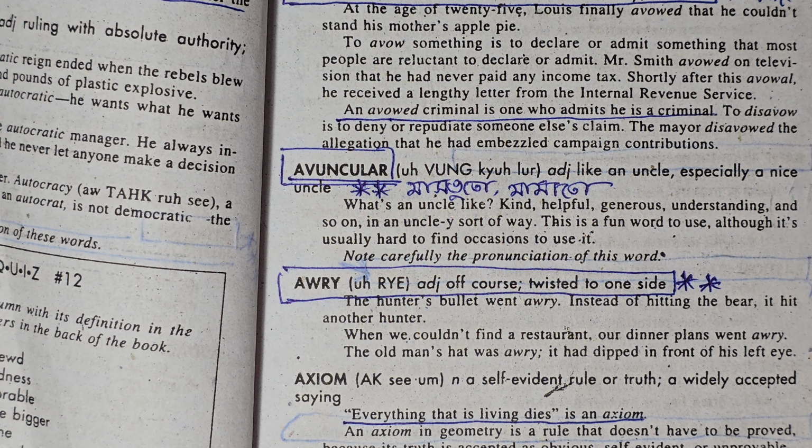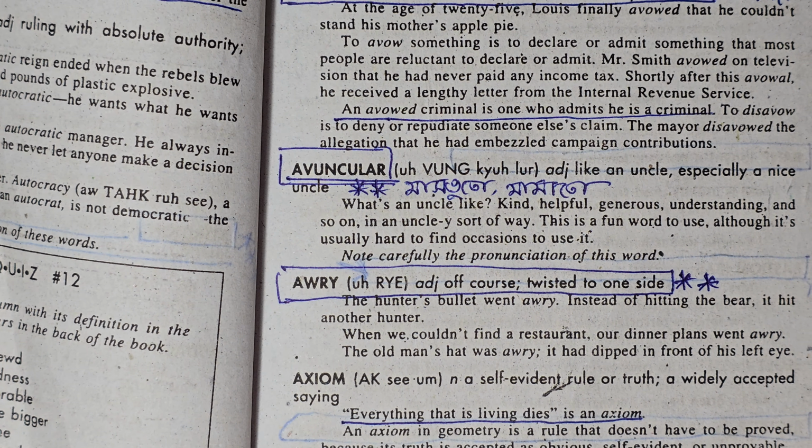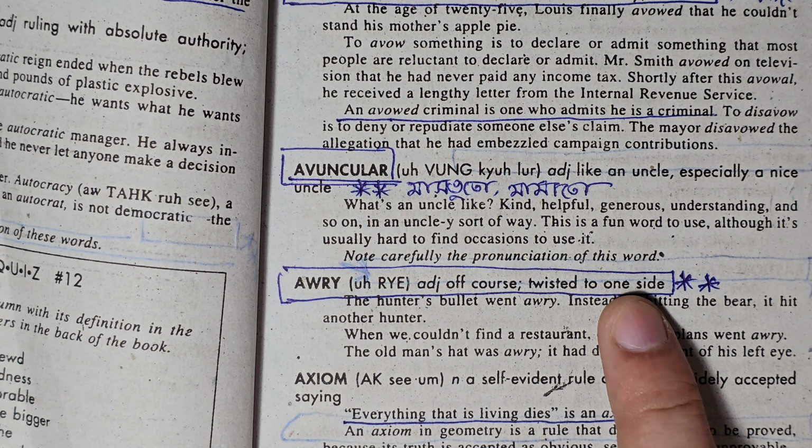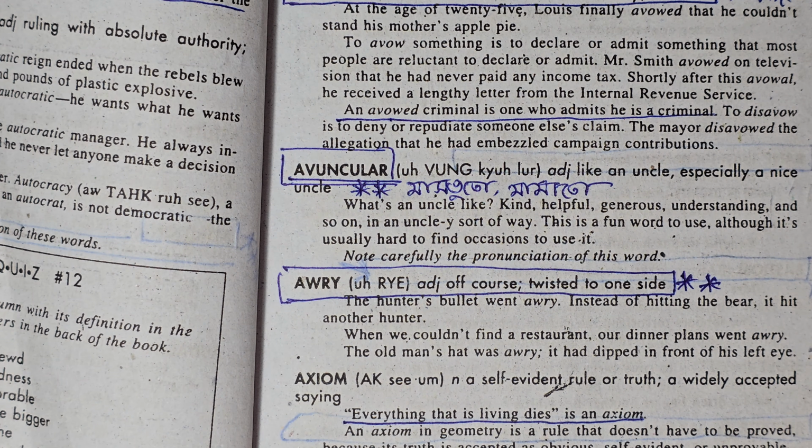Alright, the very next word is awry. Awry. It's an adjective which means, of course, twisted to one side. Imagine you are walking, right, or you are looking at someone not in a very straight way, so you are deviated in your walking orientation, or you're looking at someone.